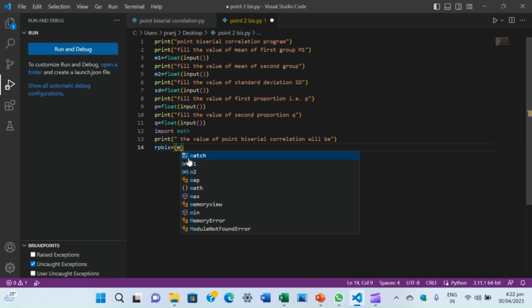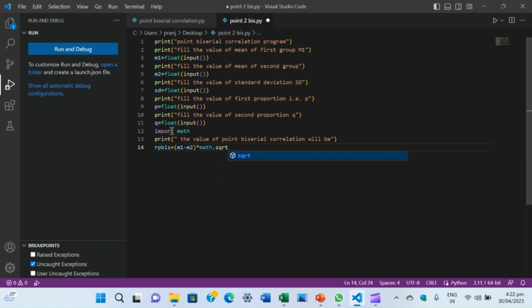m1 minus m2 multiplied by square root. For square root we write math dot sqrt.